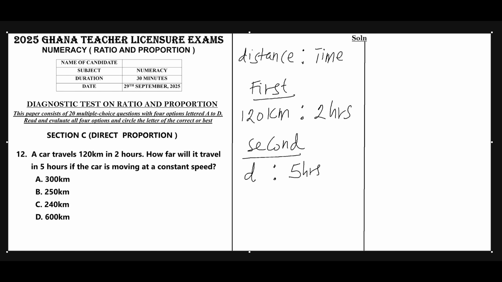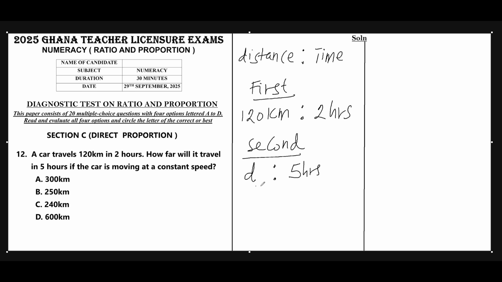So longer time goes with longer distance. That is direct relationship. Because the car is moving at a constant speed, the speed in the two instances are the same. So in 2 hours, if the car is able to travel 120 kilometers, then in 5 hours, it means that the same car will cover more distance. So more time, more distance, direct proportion.